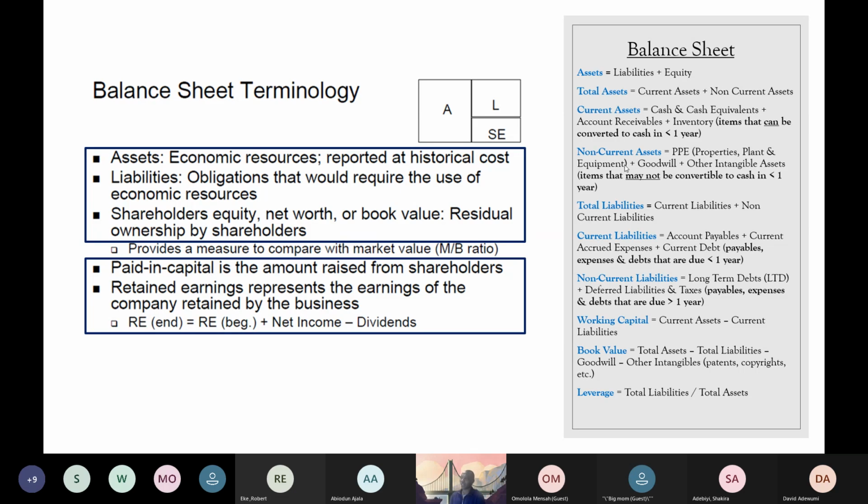And then non-current assets. Like I said, current means less than 1 year. Non-current assets are items that may not be easily convertible to cash, at least in less than a year. If you want to sell that item, you may be able to sell it in less than a year, but there's the possibility that you may not be able to convert it to cash in less than 1 year.